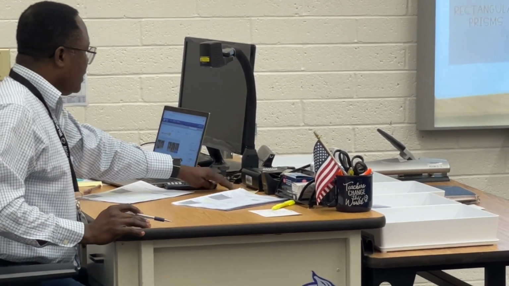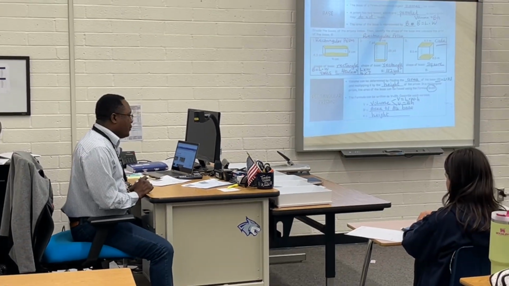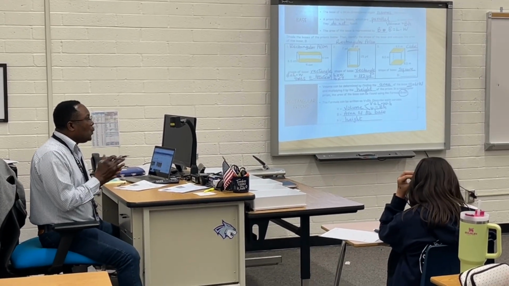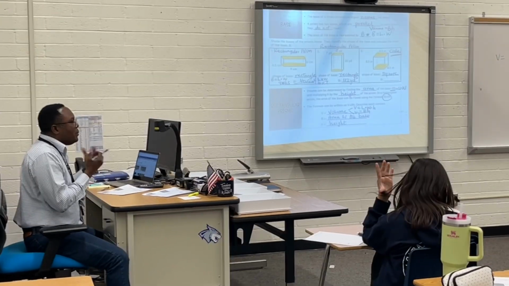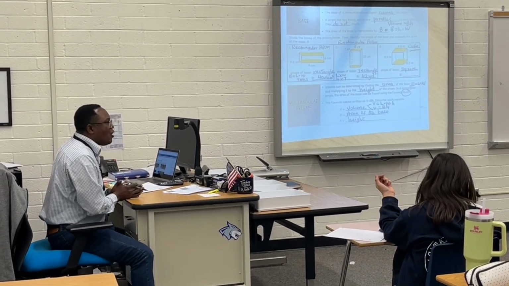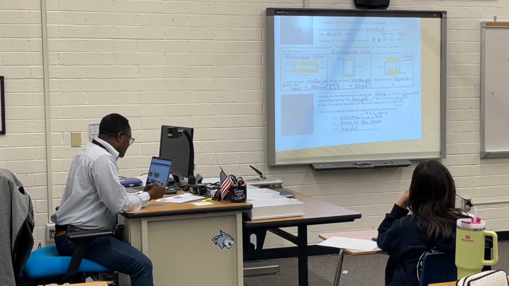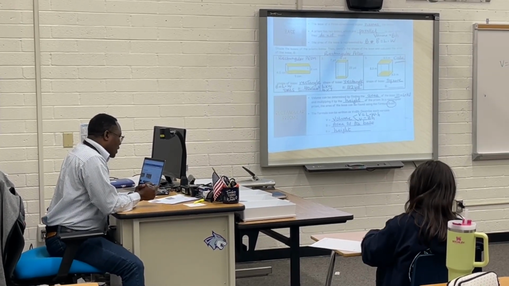I'm giving you 2 minutes to get your notes down before we go to the next page, where we are going to learn how to use the formula to calculate the volume, or the height, or any of the missing dimensions given to us.